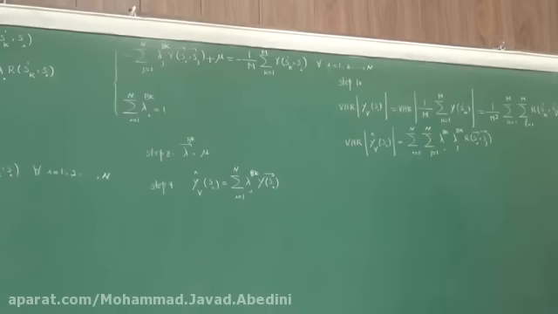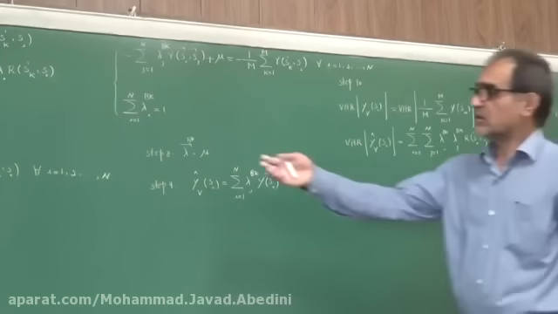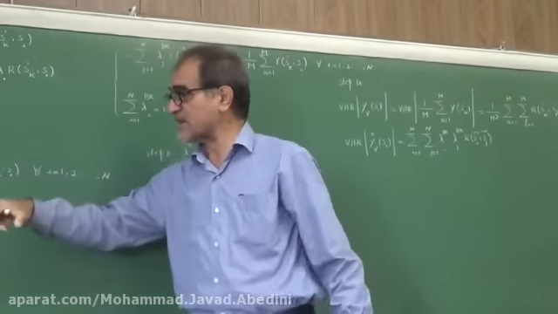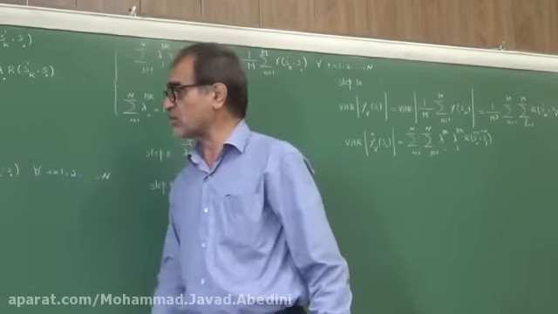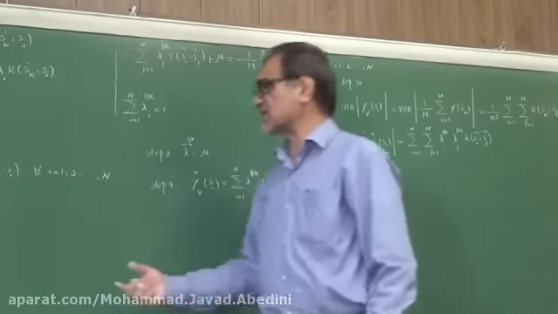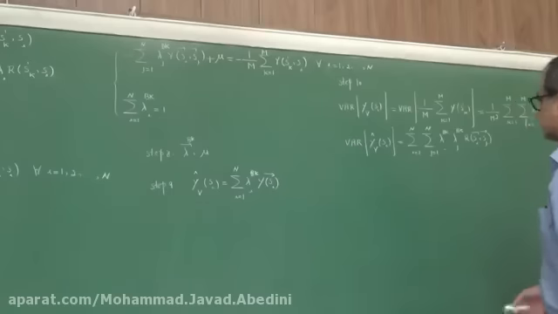How? You can multiply both sides of this equation by lambda i, take summation from i equal to 1 to n, and then replace this double summation with what remains.